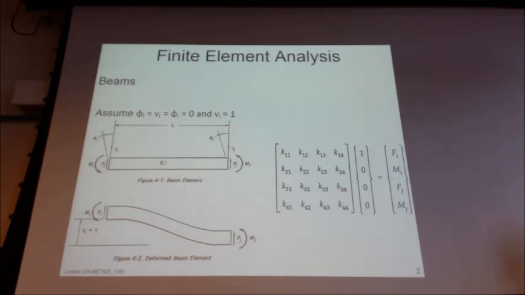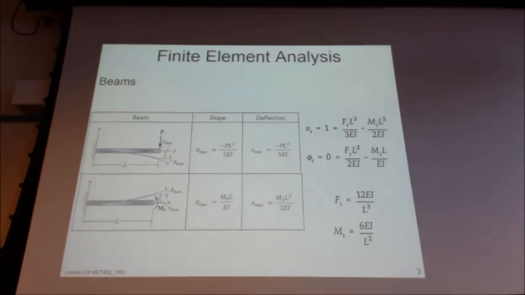And this will be our classic cantilever beam, right? So if we look at the back of our book and get the equations for deflection and rotation or slope, then these are the equations that we're going to deal with.